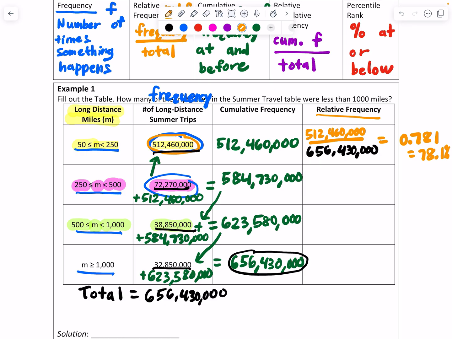Okay, so 78.1% of the trips were in that 50 to 250 mile range. The next set, make sure you realize for relative frequency, I'm taking the regular frequency, the 72,270,000, and dividing it by that total, which is still the same number.